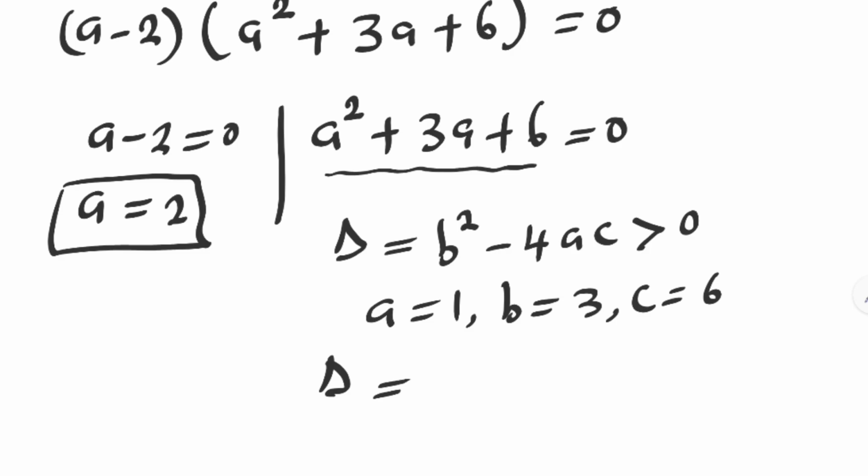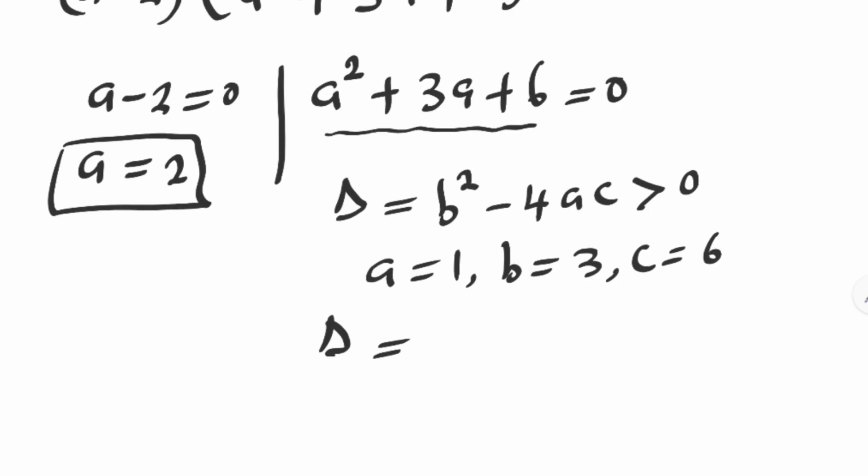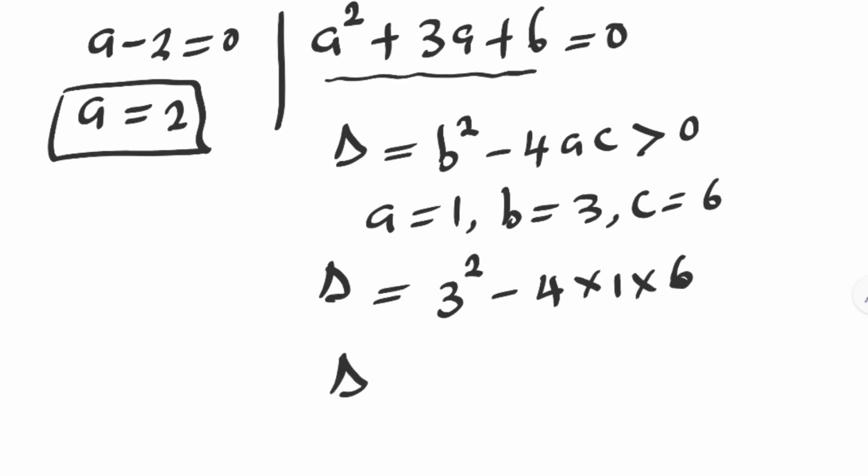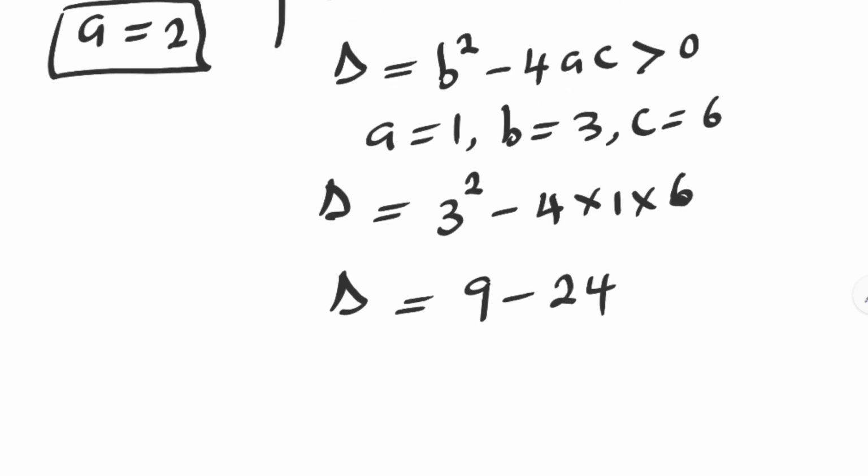Discriminant D is equal to 3 squared minus 4 multiplied by 1 multiplied by 6. This is 9 minus 4 times 1 times 6, that is 24. Then D is equal to 9 minus 24. This is minus 15, which is less than 0. Then this is rejected.